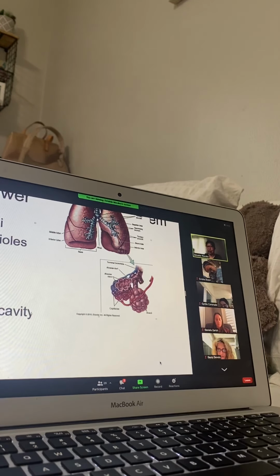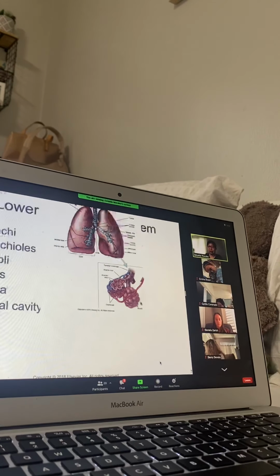That's what makes it a good gas exchanger. The alveoli are good gas exchangers because of the proximity of the capillaries to the walls of your alveoli.